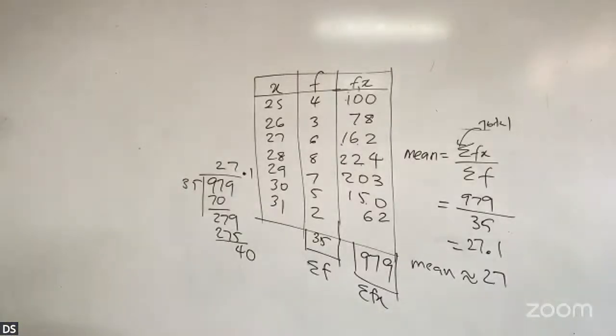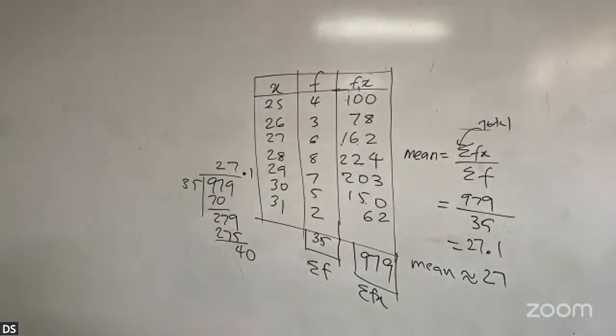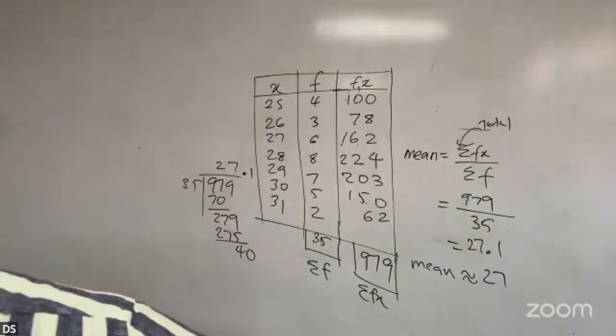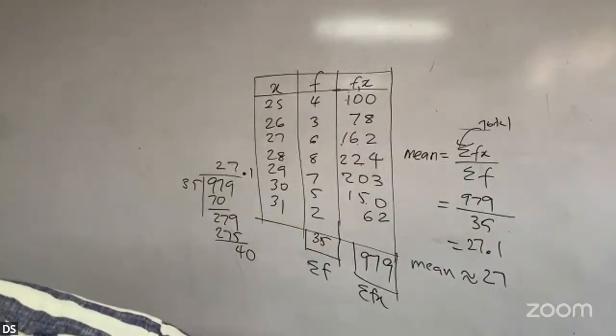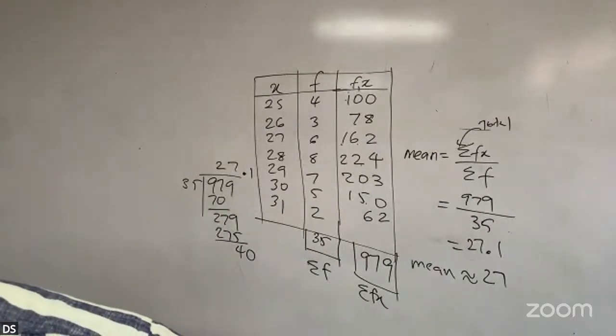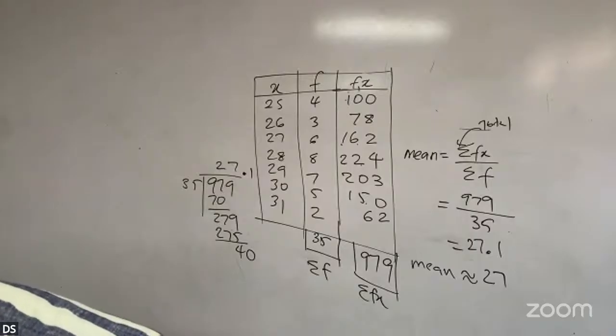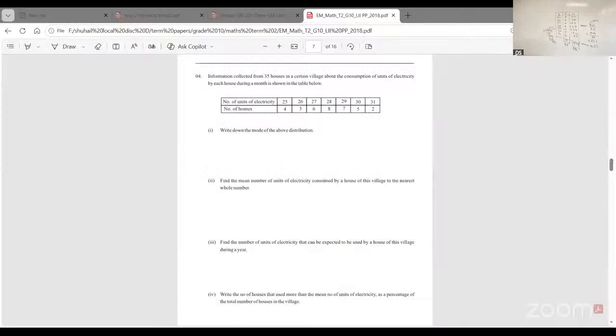Next, we'll go to the next question. What have they asked here? Find the number of units of electricity that can be expected to be used by a house of this village during a year.